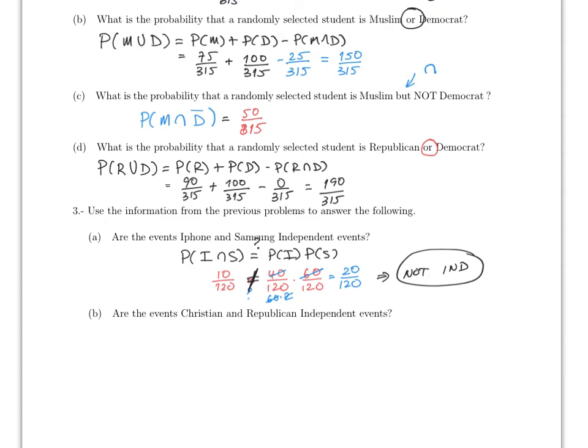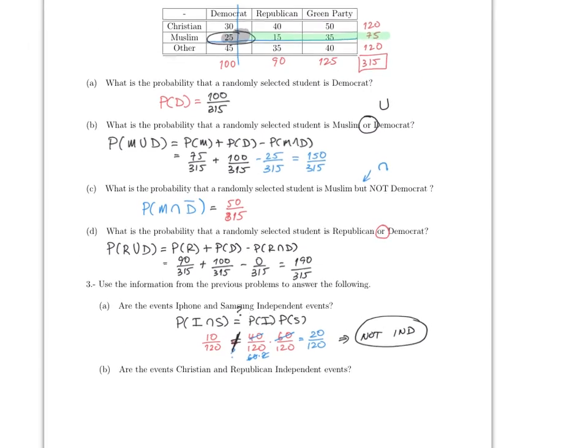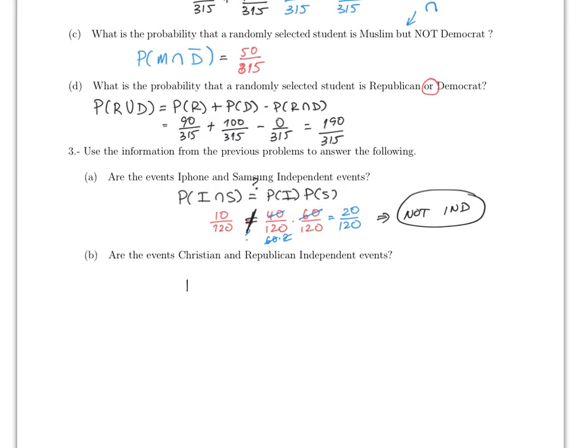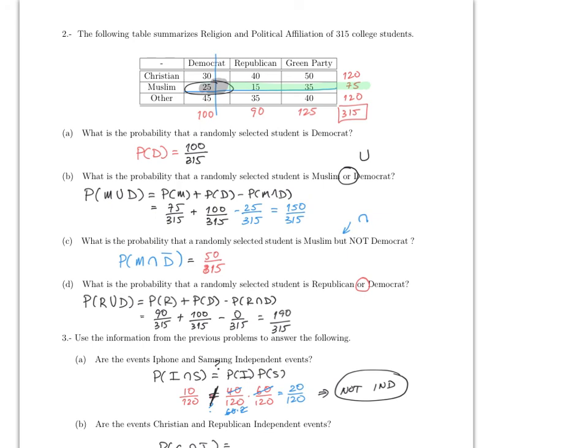Now, we can do the same thing with Christian and Republican. Now, follow using the table. So, how many people are Christian and Republican according to the table we have here? Christian and Republican, how many is it? It's 40, right? So this will be 40 over 315.